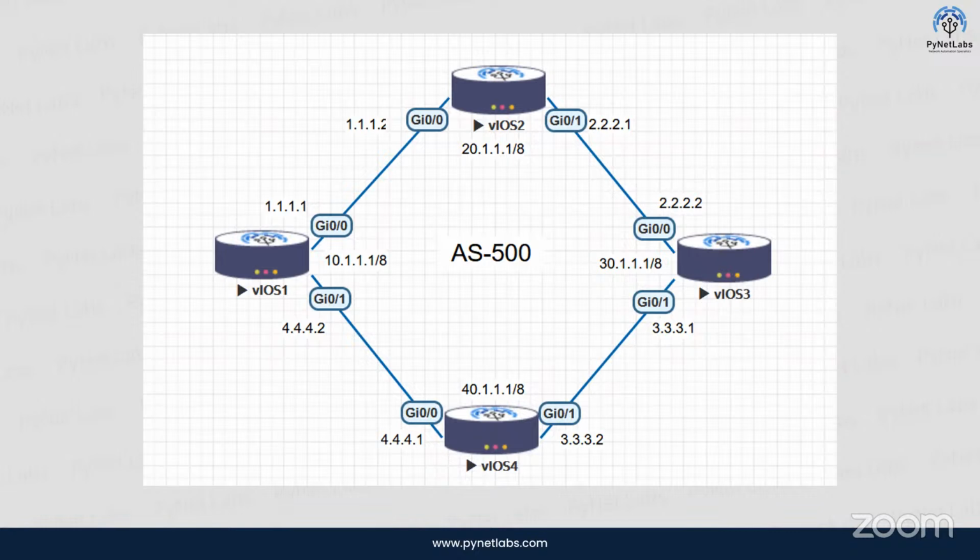All the clients should establish the neighborship only with the server, and the clients will not be able to establish connectivity directly with each other. So they need to make sure that a server is there, and this is always recommended for a large scale enterprise network. In a very large scale deployment of BGP, you will definitely see route reflectors. I hope it's clear, Sahil, or if there are any other doubts and queries, please do let me know.